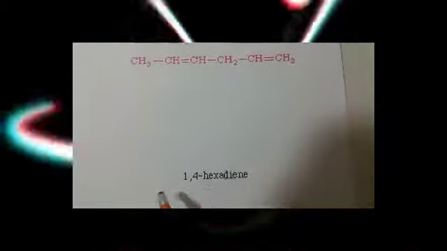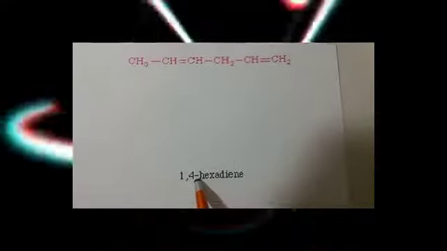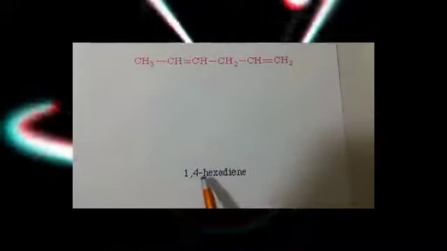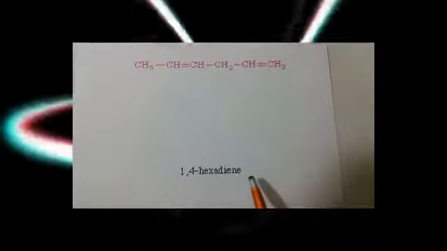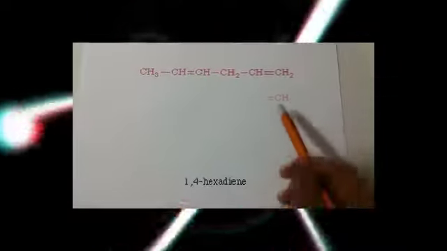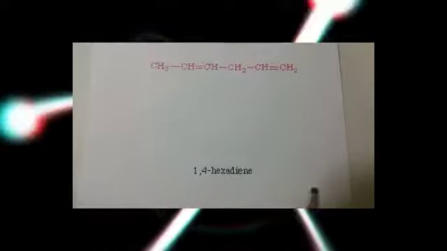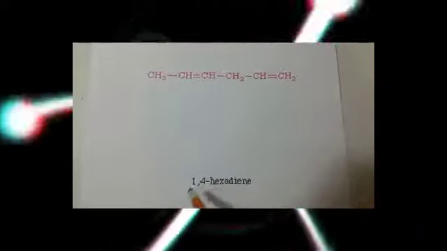So writing 1,4 means that in positions 1 and 4 we have a double bond, then hyphen, hexa because it's 6 carbon atoms, then diene. Why di? Because it has 2 double bonds. So it's the prefix di, and the suffix ene for alkenes, and that's it. But when there are side chains, you will first write them here in alphabetical order, and then this, and that's it.